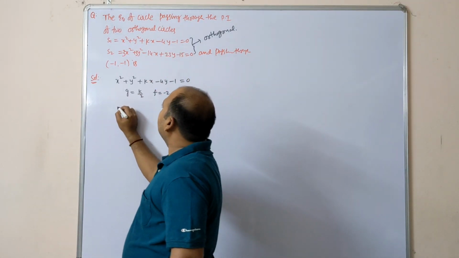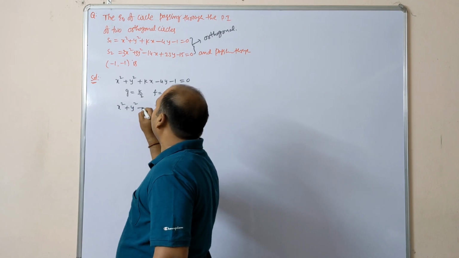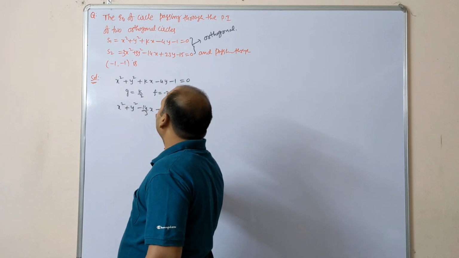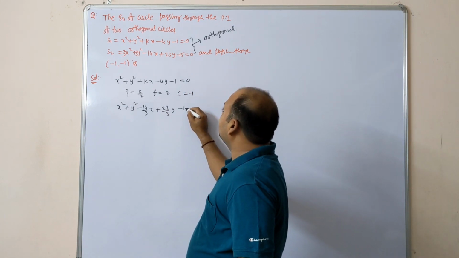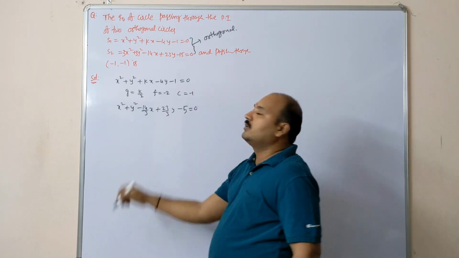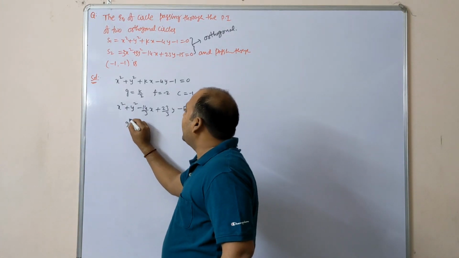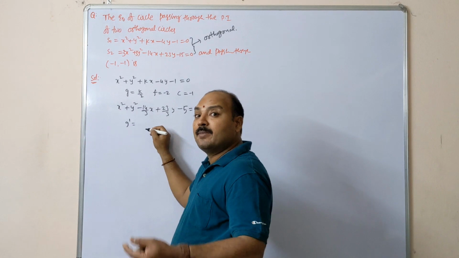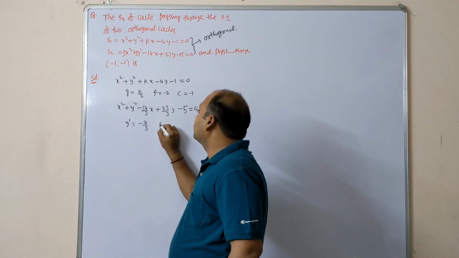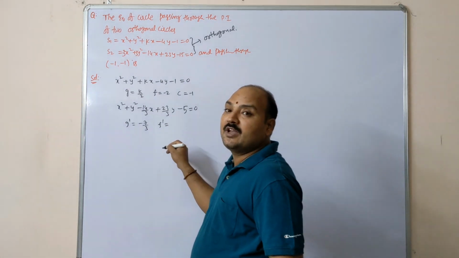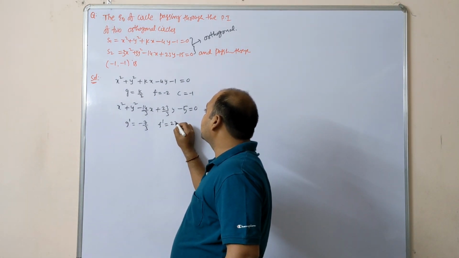For the second circle, I am directly dividing by 3. X square plus y square minus 14 by 3 x plus 23 by 3 y minus 15 by 3, which means 5, equal to 0. So here g dash equal to minus 14 by 3 by 2, so minus 7 by 3. So f dash equal to 23 by 3 by 2, so 23 by 6.